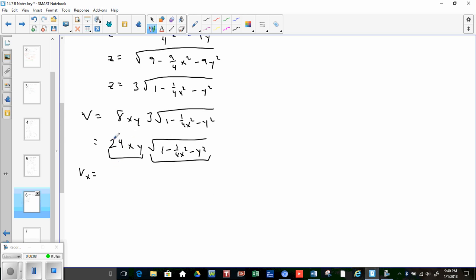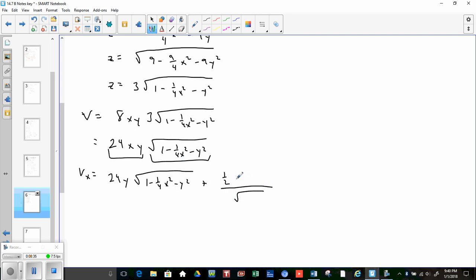The derivative of this piece right here is going to be 24y times the second piece, plus the derivative of this right here, which is going to be 1/2 all of that stuff to the negative 1/2, which really just puts that root on the bottom.